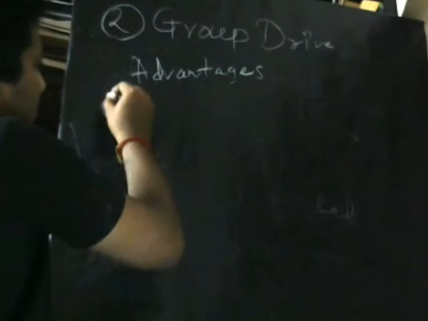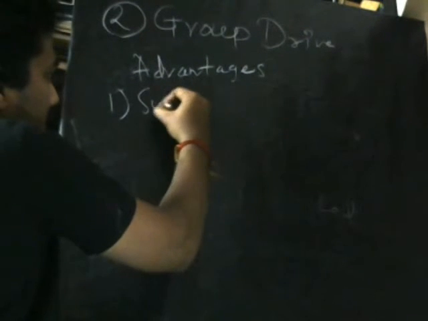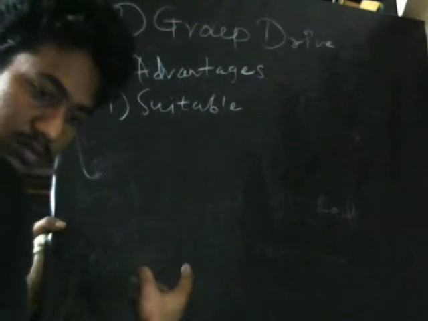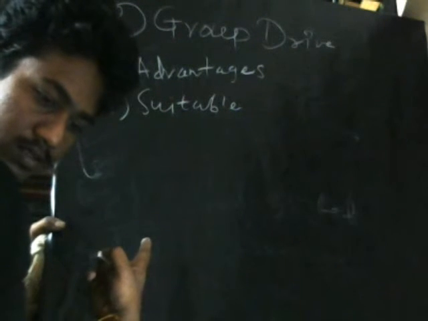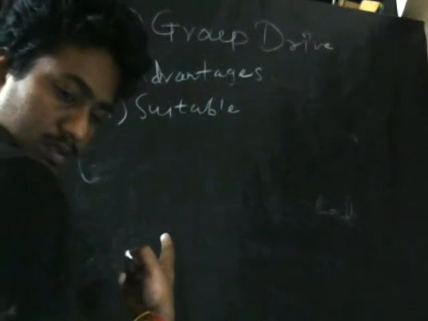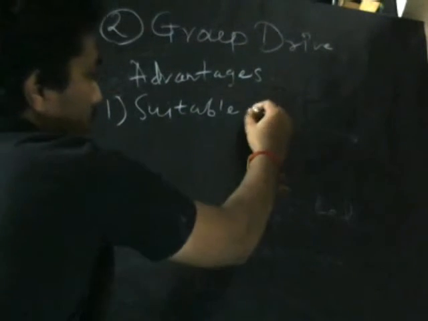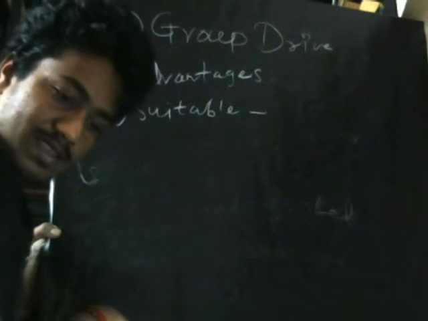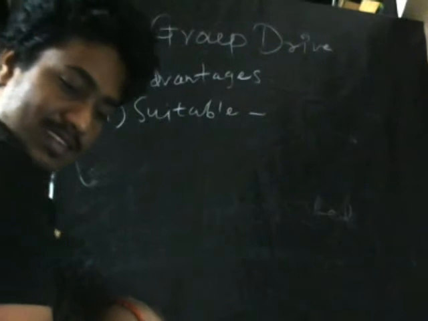First is suitable. Suitable where? These are suitable where individual drive is not suitable. Correct?